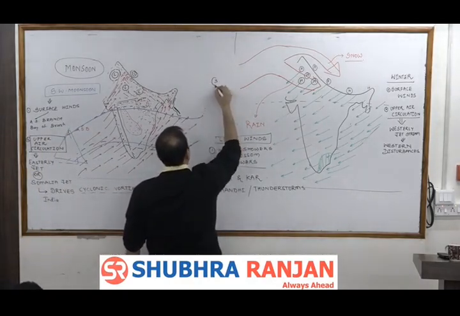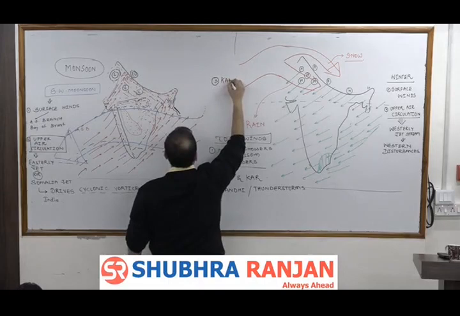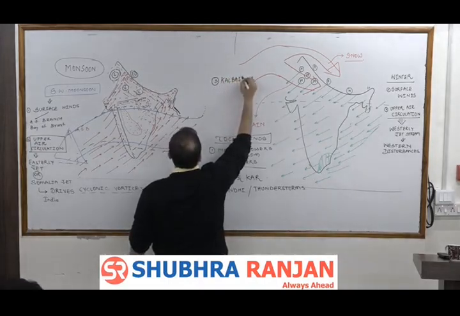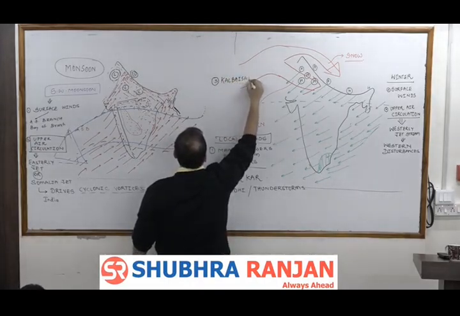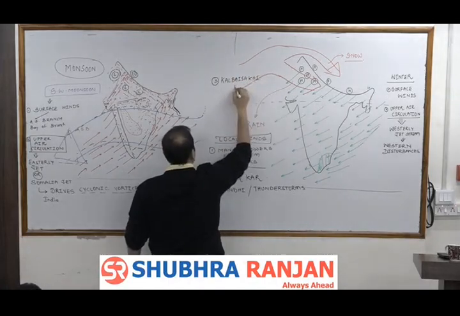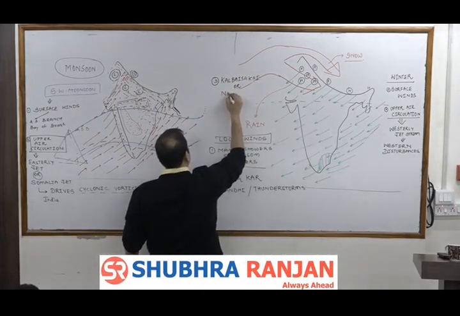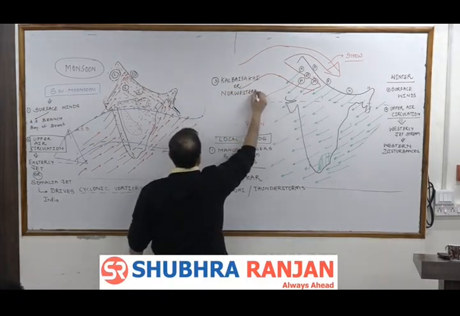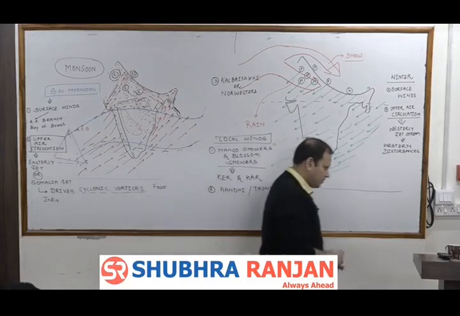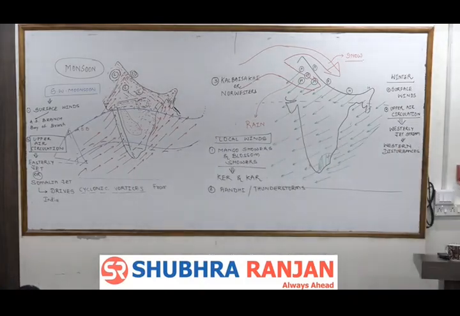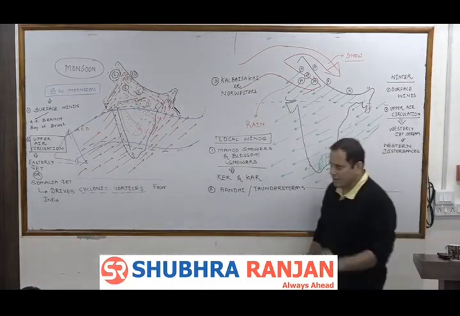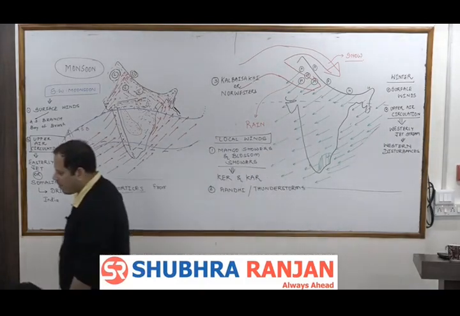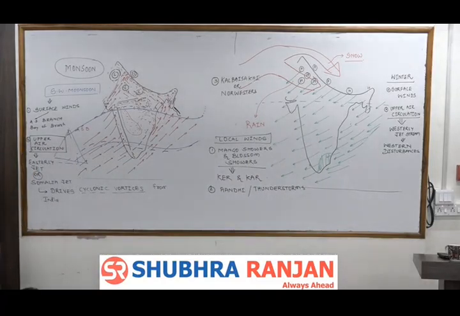Third, Kal Baisakhi and Nor'westers. Thunderstorms in Bengal and Assam.